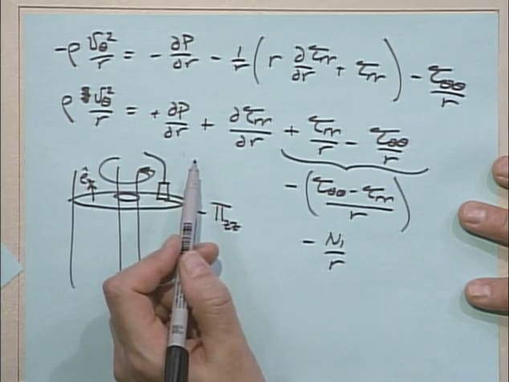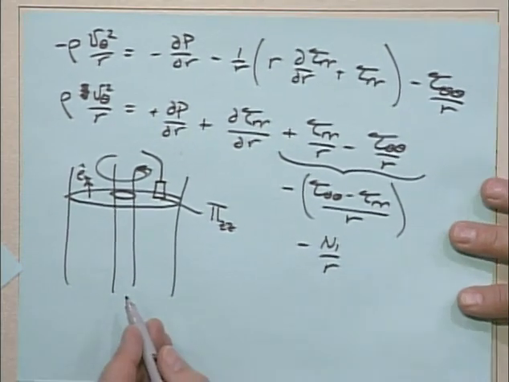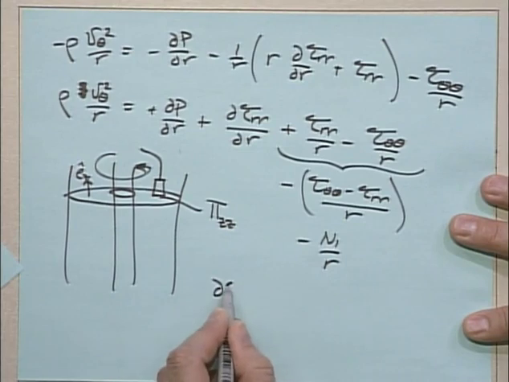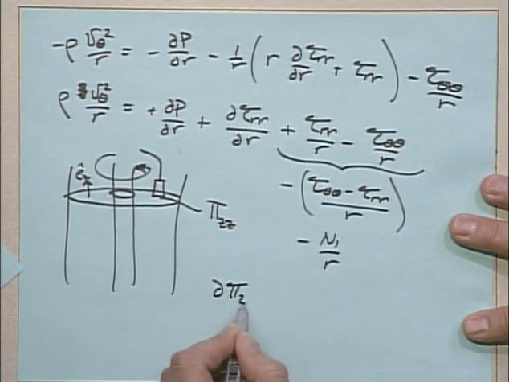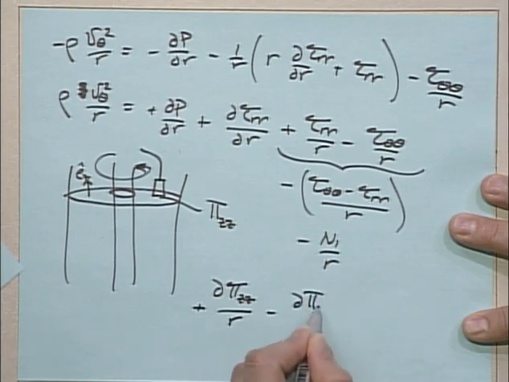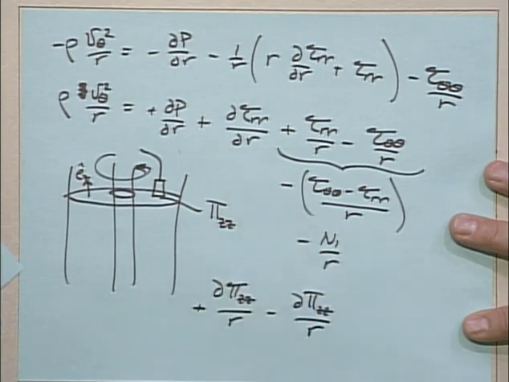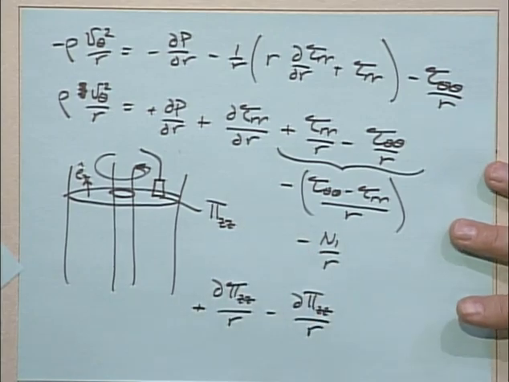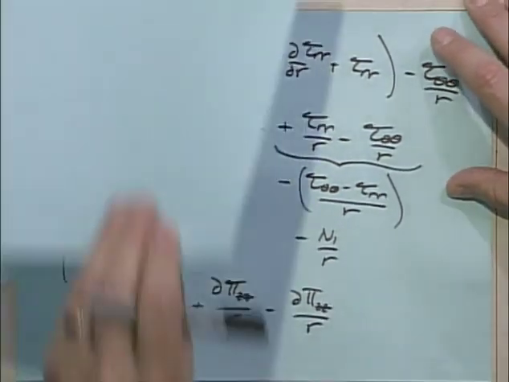I didn't come up with it, but very brilliant. So what I'm going to do is add and subtract tau zz over r to the right-hand side of this equation. So let's do it.